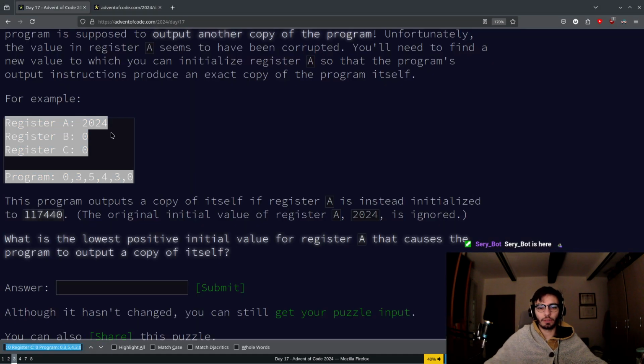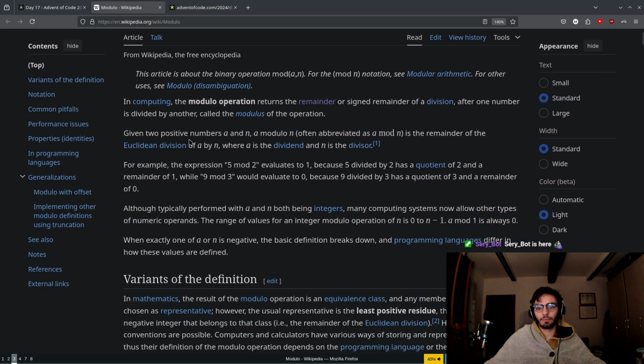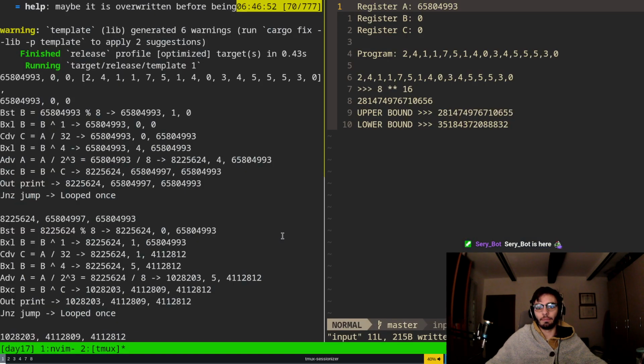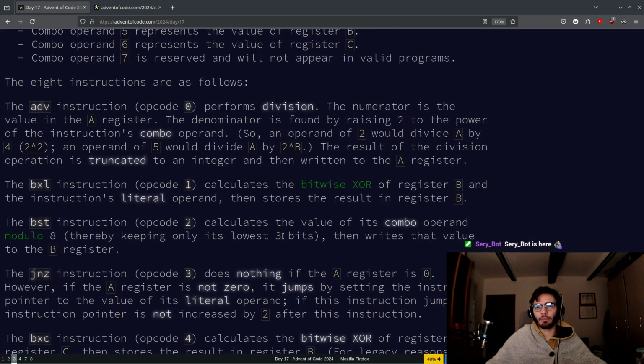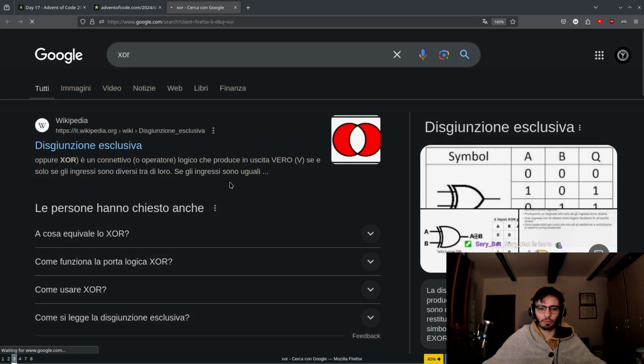I believe it was BXL, it was XOR, no, it's BST. The instruction calculates the value of its combo operand modulo 8, thereby keeping only the 3 lowest bits. Which would then mean, can I just drop the bits and that would be it? Now that I think about it, OR of 7 does sound like the same because 7 XOR.